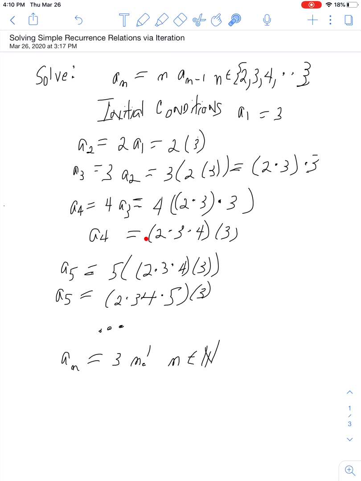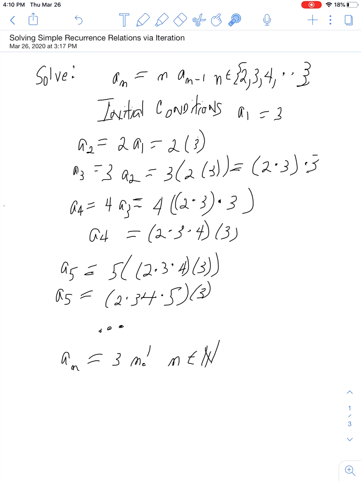And those numbers are 2 times 3 times 4. So I group those together and I see a sub 4 is 2 times 3 times 4 times 3.